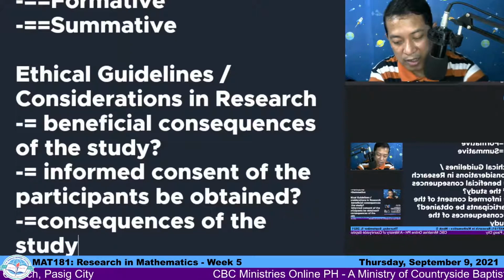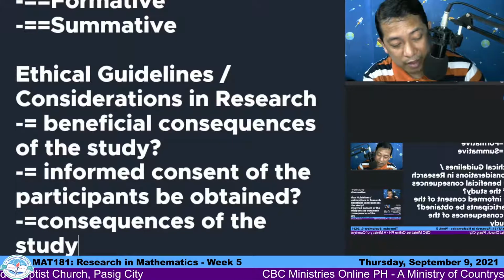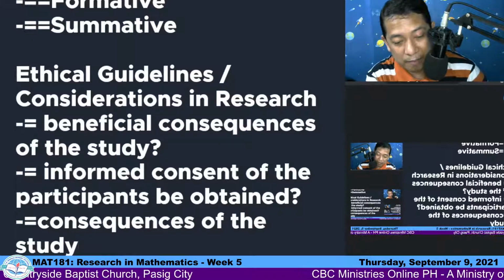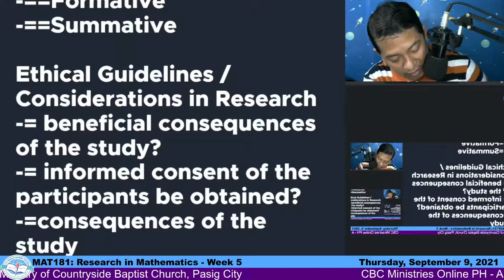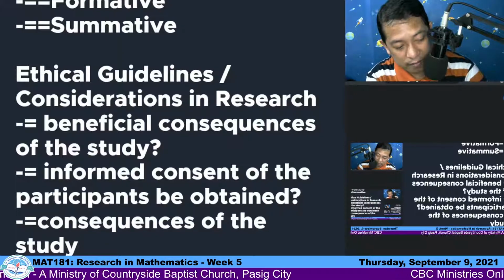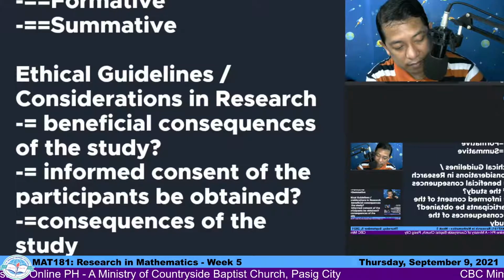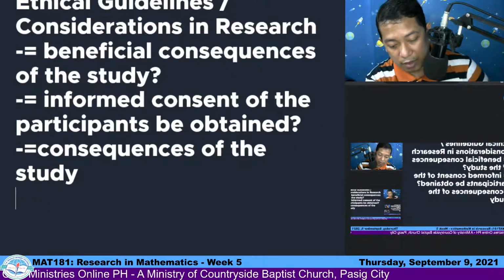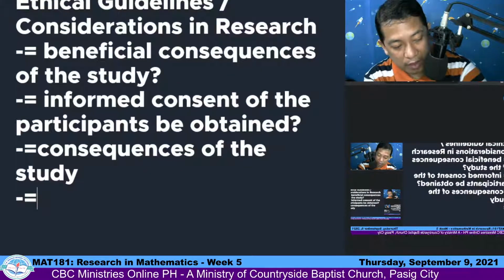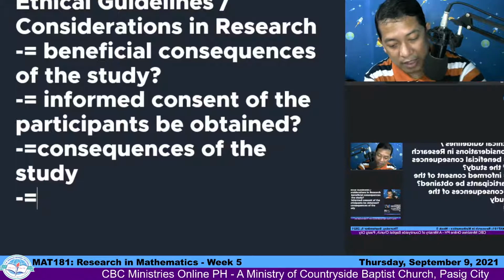Yung mga kahinatnan ng pag-aaral, ano ba? Ito ba'y makakabuti para doon sa mga participants o hindi? And then, of course, how will the researcher's role affect the study?